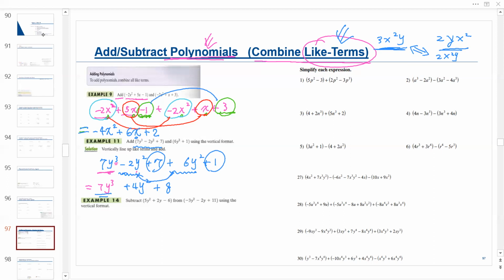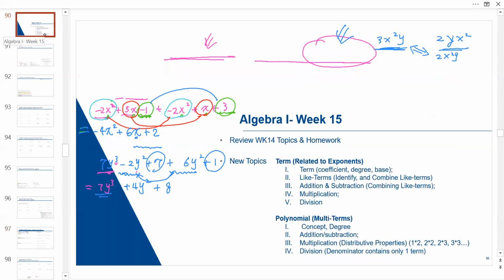So actually today we just talked about the very basic part here. Term. A term is made of the variables, coefficient, and their degrees. Actually here the base is the variable part, right? Also we talked about like terms.